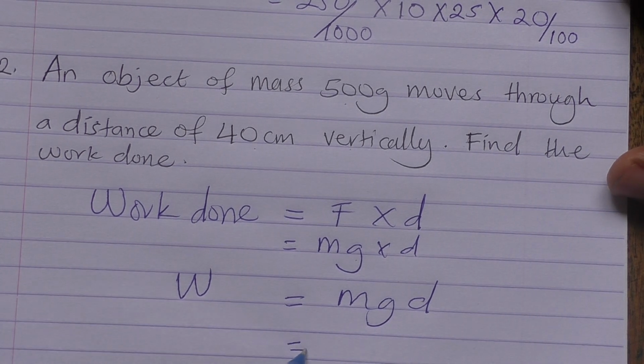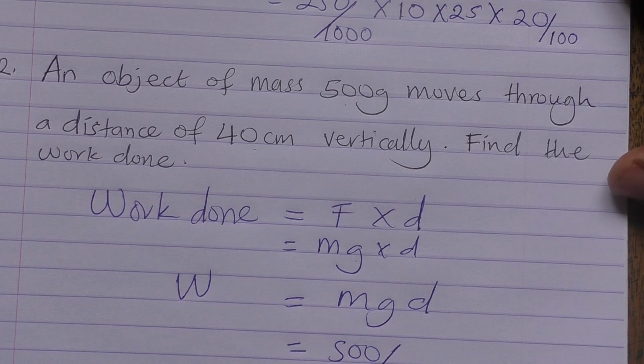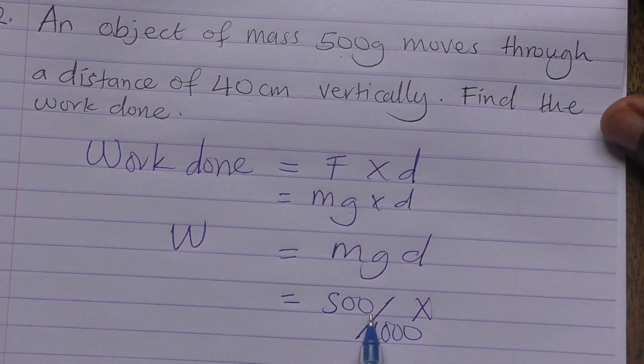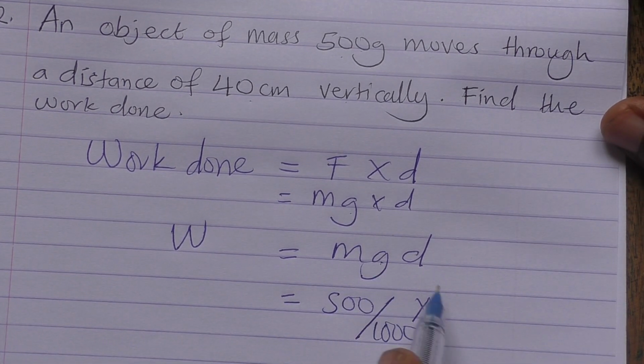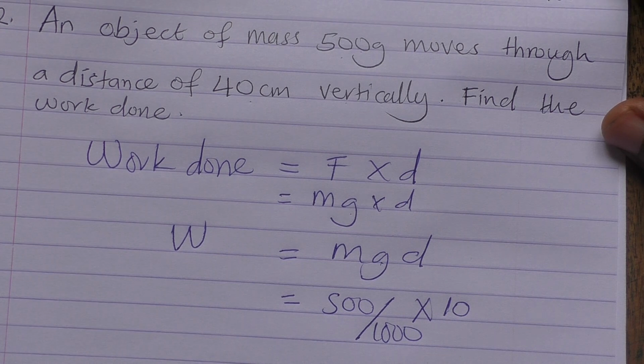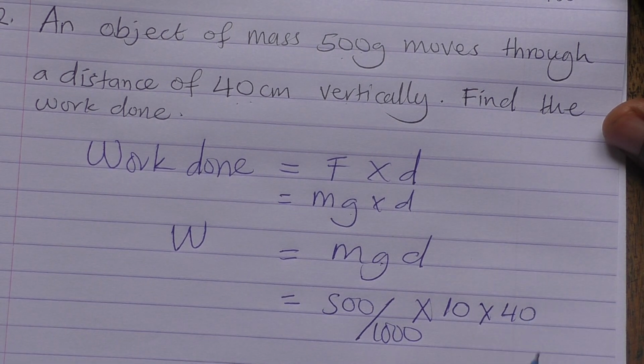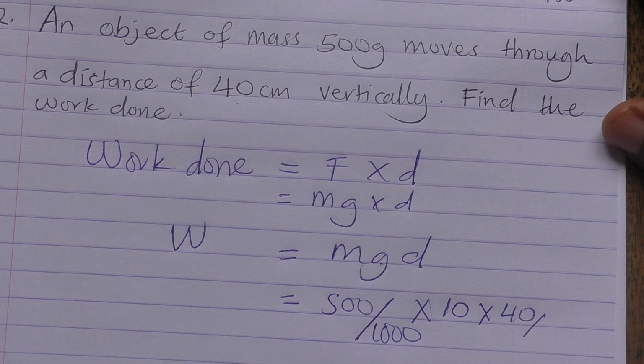Therefore, we just substitute. m is 500 over 1,000, that is changing the 500 grams to kilograms, times g is 10, and then d is the distance, which is 40, but the 40 is in centimeters, so we change to meters. That is simply by dividing through by 100.